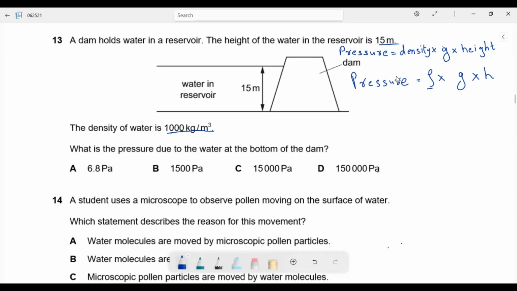Here density of water is 1000 kilogram per meter cube, gravitational acceleration is 9.8 meters per second square, and height is given as 15 meters. Just multiplying, we'll be getting the answer as 1,47,150 Pascal. So this is almost similar to 1,50,000 Pascal. The right answer is D.